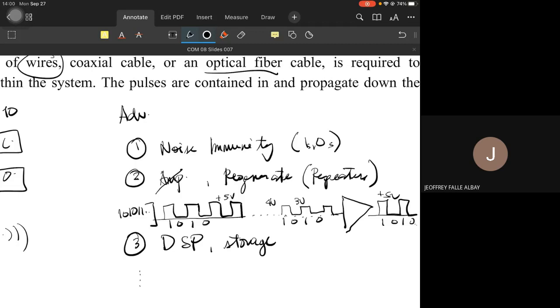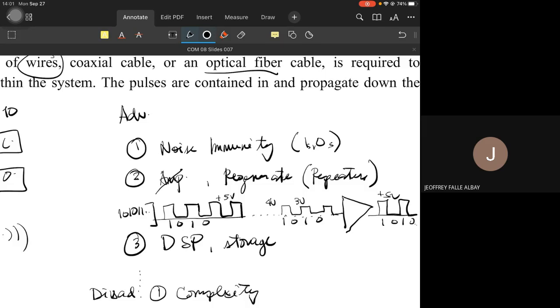Whatever man ang disadvantage, let's say for example, there's one disadvantage here of digital transmission signals. For example, complexity. Dili siya big deal because of the myriad of advantages nga iyahang ma-provide, no?